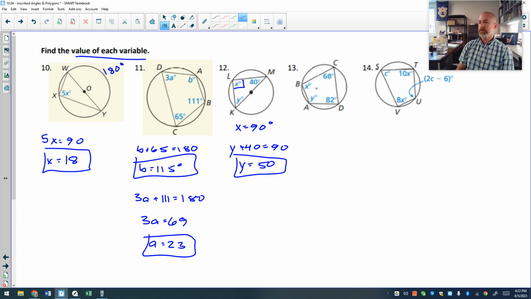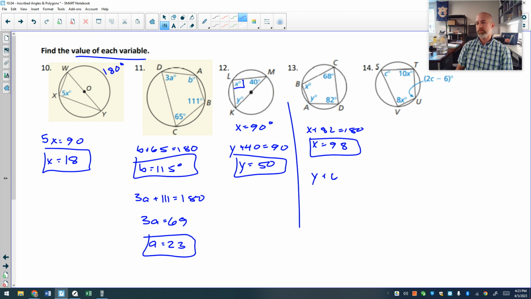And almost done here. Opposite angles will be supplementary. So for number 13, I know that X plus 82 is 180. X is going to be 98. And Y plus 68 is also 180. And Y is 112.